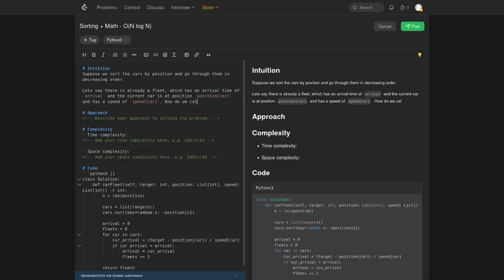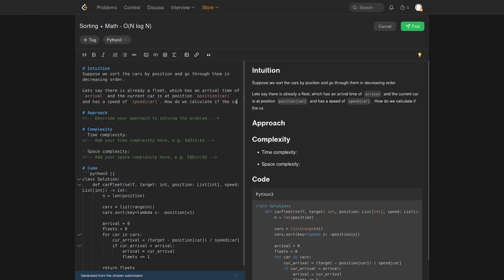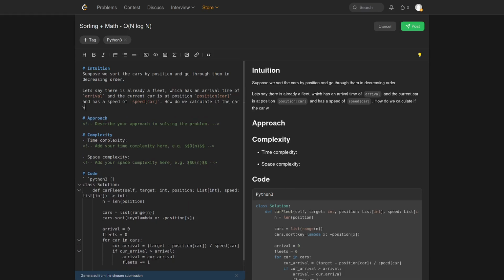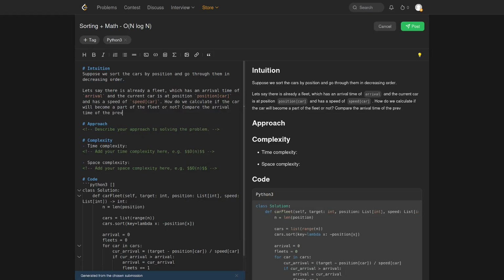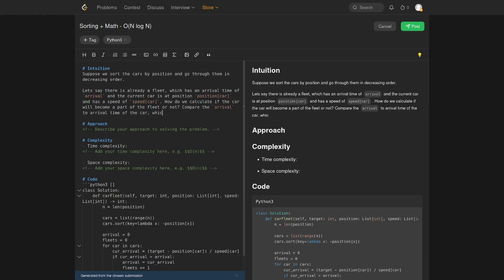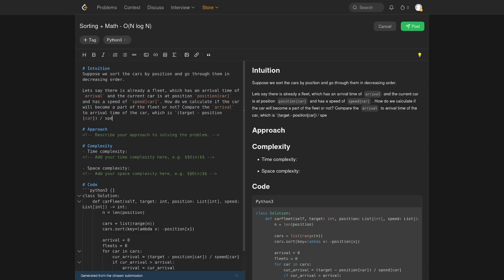How do we calculate if the car will become a part of the fleet or not? Compare the arrival time of the fleet to the arrival time of the car, which is the distance of the car divided by speed car.